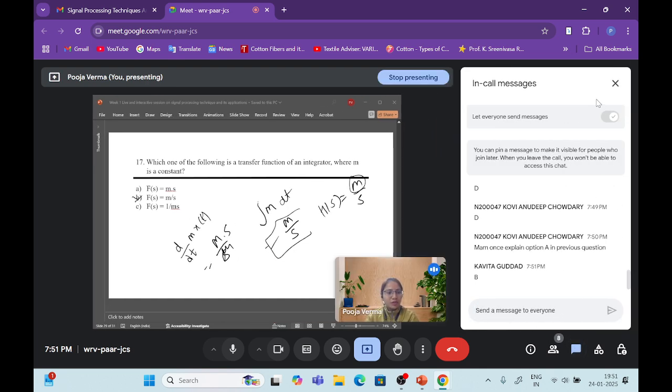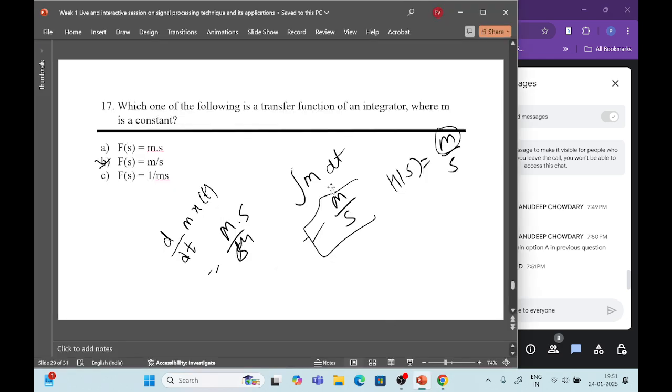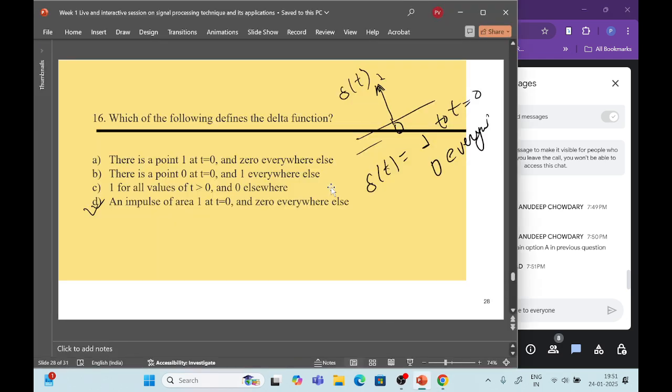Let's explain option A in the previous question. Option A says there is a point 1 at t is equal to 0. They are saying at t is equal to 0 it is point 1, and 0 everywhere else.